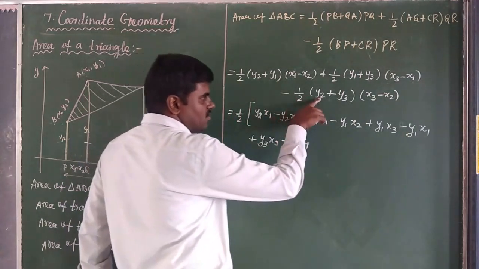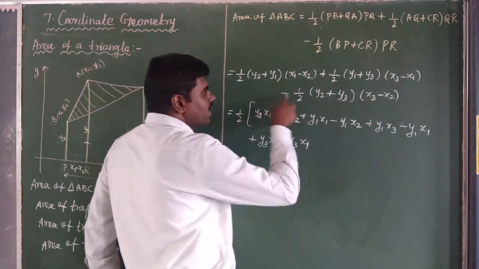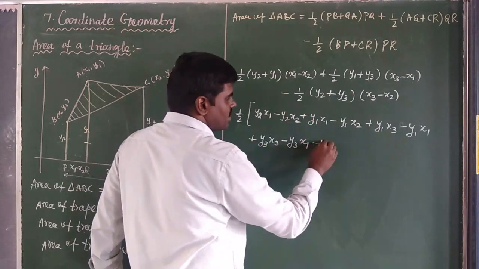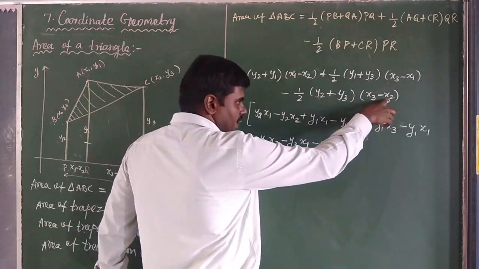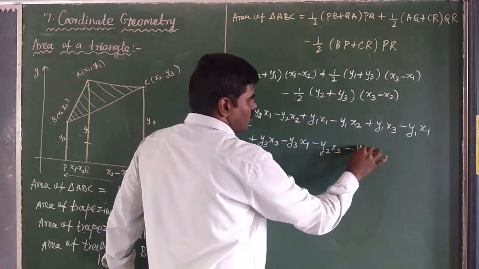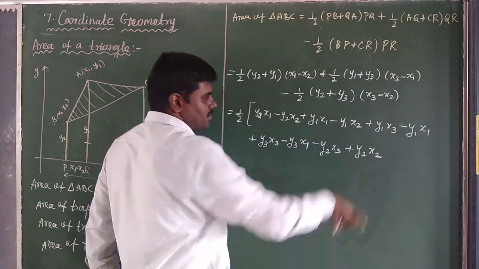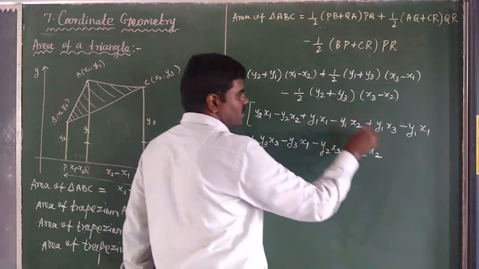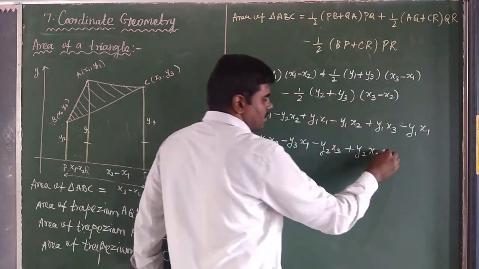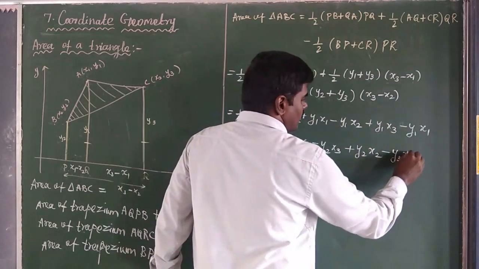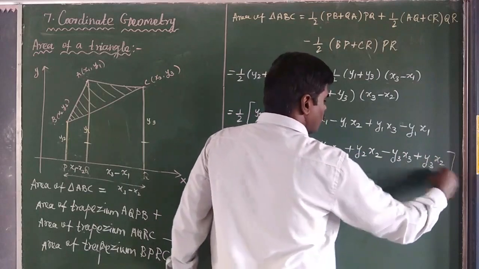Similarly, again multiply y2 x3; here the minus is common, so minus y2 x3, and minus y2 x2, but minus of minus becomes plus. Then y3 x3 and y3 x2.